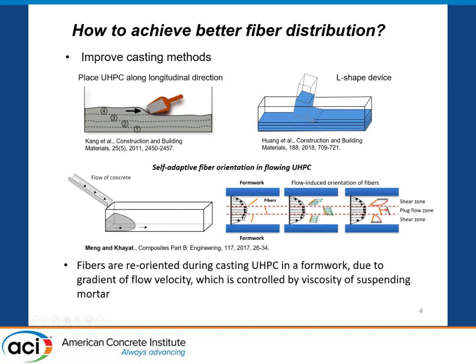During the flow, the fibers will be reoriented in the shear zone, where the gradient of the flow velocity applies a torque to the fibers and orients them to the tensile direction. The gradient of this flow velocity is controlled by the viscosity of the suspending mortar of UHPC.